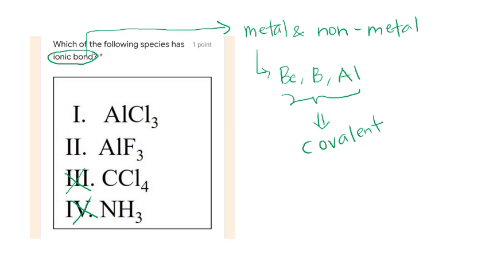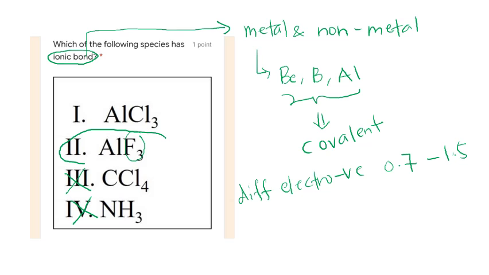However, if they form covalent compounds, the difference of the electronegativity has to be between 0.7 up to 1.5. As we know, fluorine is the most electronegative element. So the difference of electronegativity between fluorine and aluminium will be larger than in AlCl3. So in this case, AlF3 will be considered as ionic bond.